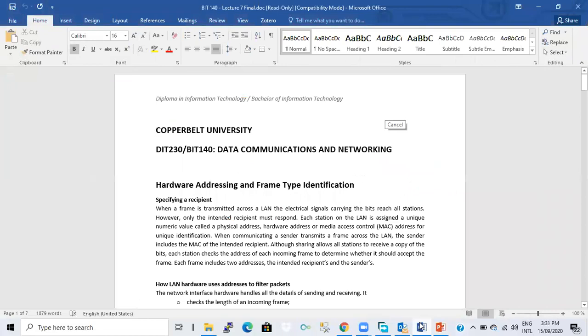So we are saying when a frame is transmitted across a local area network, the electrical signal carrying the bits reaches all stations. However, only the intended recipient must respond.